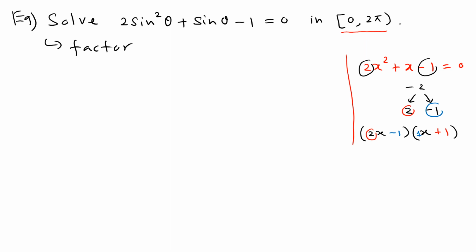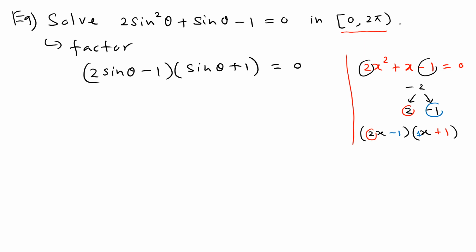Here x is acting as sine theta. Because we have this factorization, we can write 2 sine theta minus 1, that's the first factor. The other factor is x plus 1, that means sine theta plus 1 equals 0. After we get the factorization, we set each factor equal to 0.